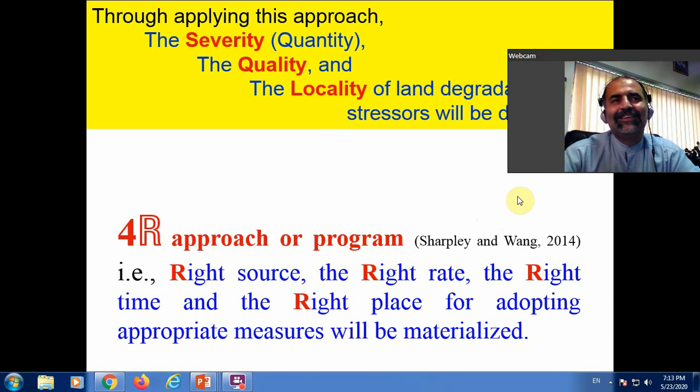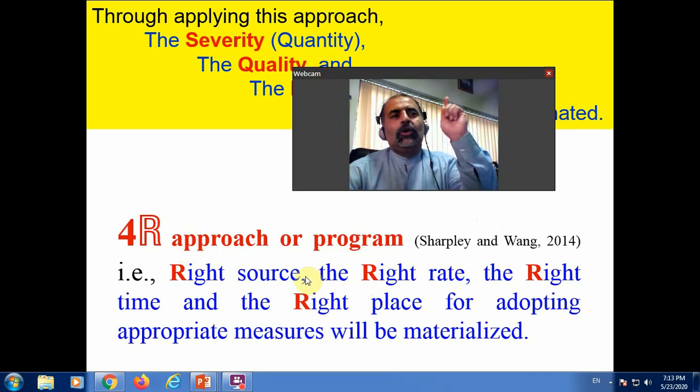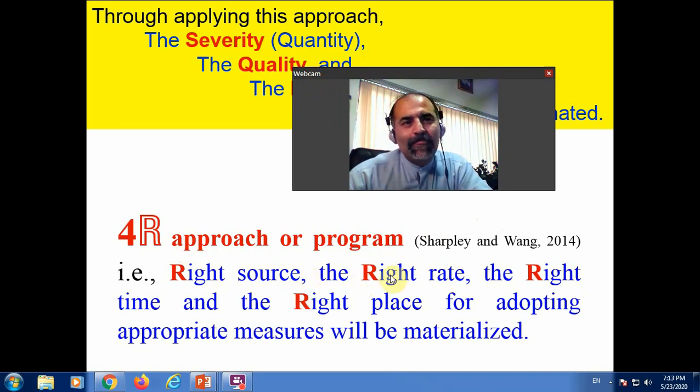What is that? In fact, this 4R stands for right source, right rate, right time, and right place.